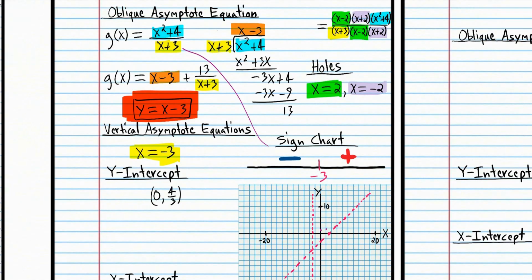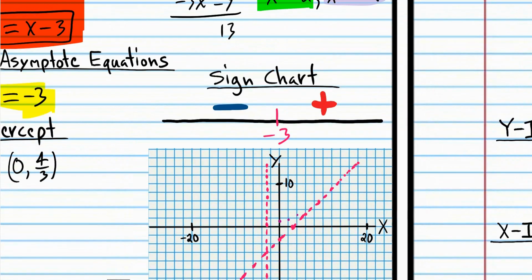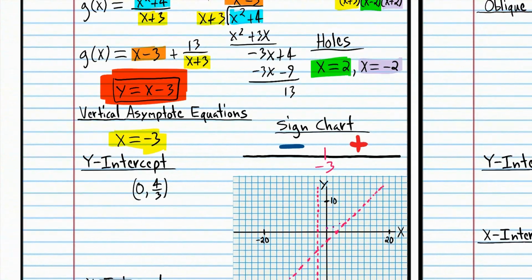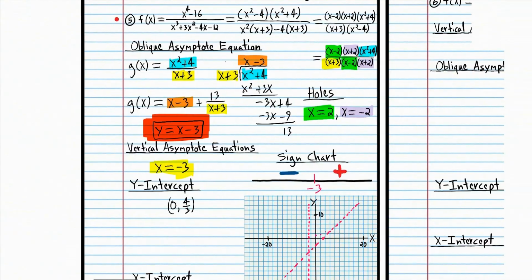Let's plug in 4. Then we get 20 over 7. And 20 over 7 is 2.85. So that'd be about there. And let's try plugging in -2.